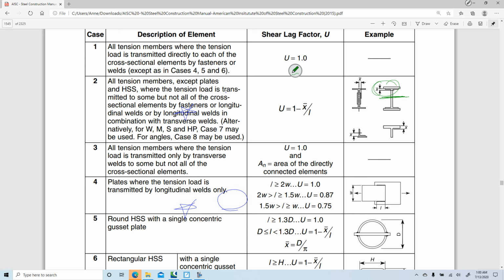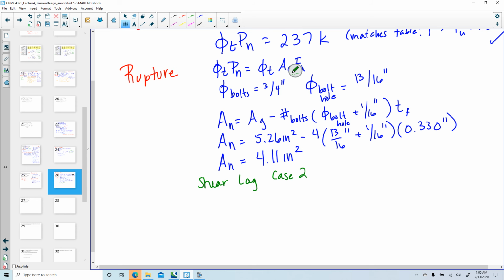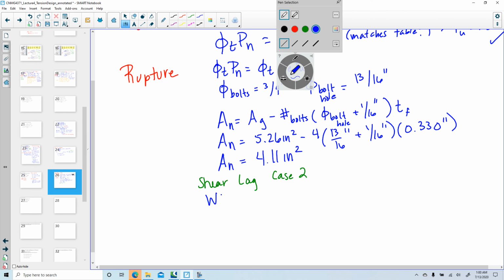So I need to find this eccentricity using a WT section. So I need to look at a WT. This is a W8x18, WT4x9, right? WT4x9, half of a W8x18.